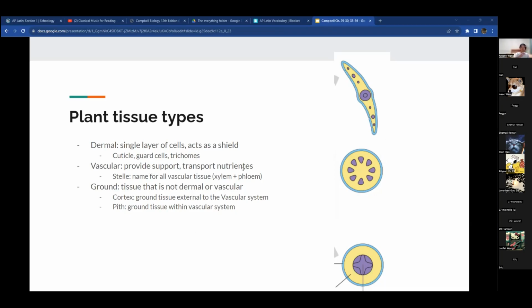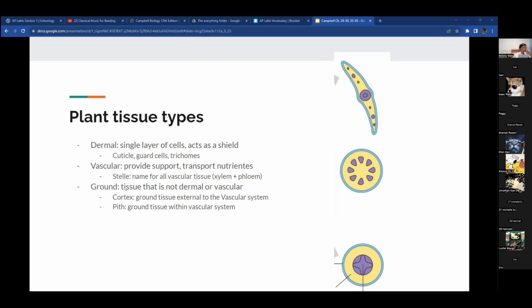And these vascular tissues will transport nutrients. The roots will pull in water, and the water will get pulled up through xylem, through vascular tissue, to the leaves. And the phloem transports sugar and other larger molecules.